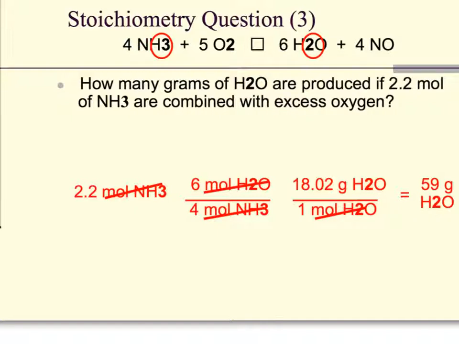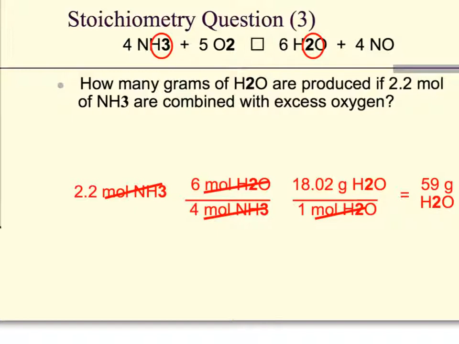Therefore, one of those chemicals will be chemical A and one will be chemical B. Because we have 2.2 moles of NH3, NH3 is chemical A. And we are asked to solve for grams of H2O. Therefore, H2O will be chemical B.